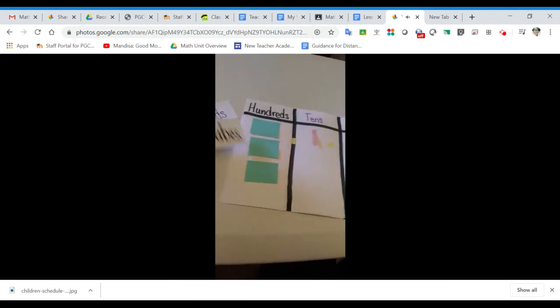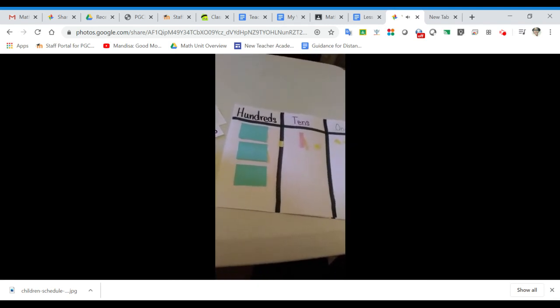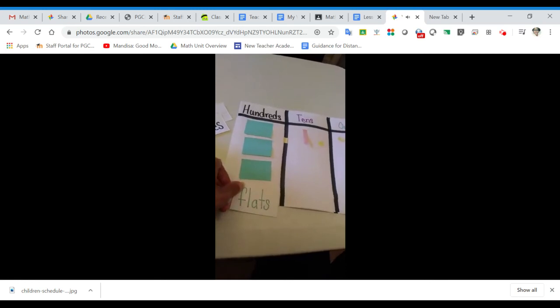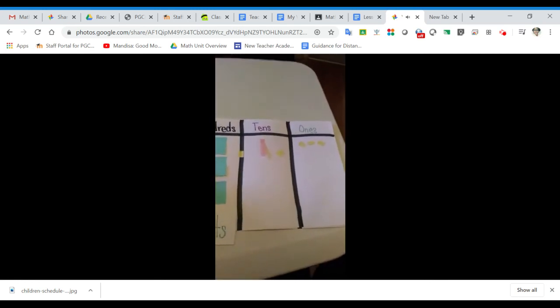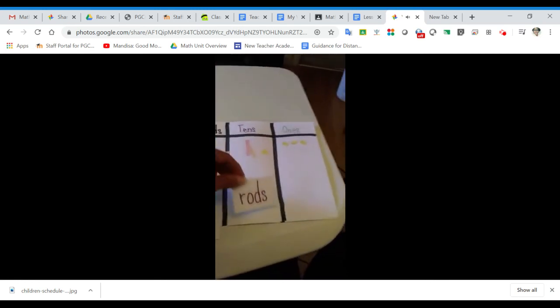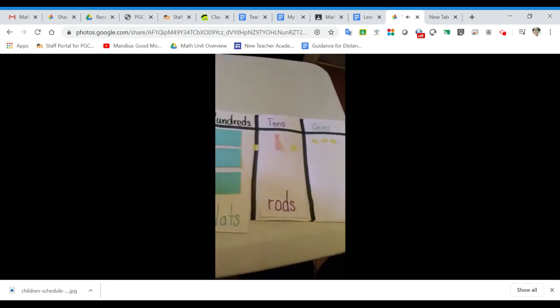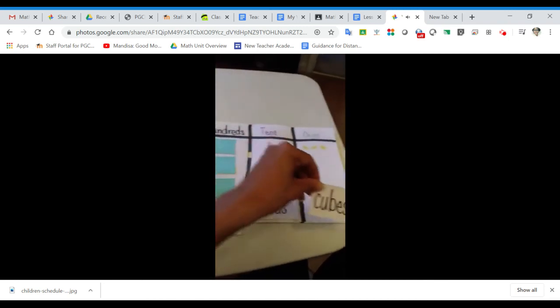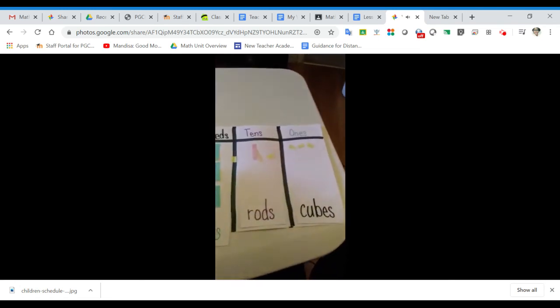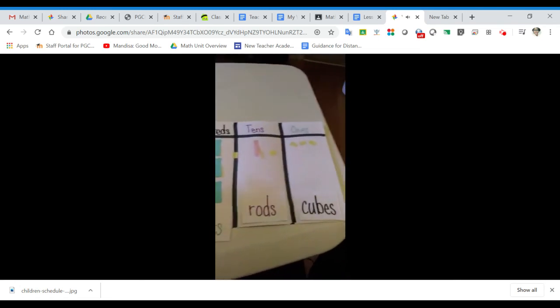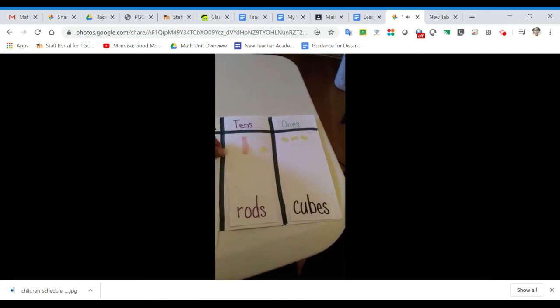Are they cubes? No, they are flats. And then in the tens place, remember we call them rods. These manipulatives are called rods. And in the ones place, we have cubes. So the other number looked like this.